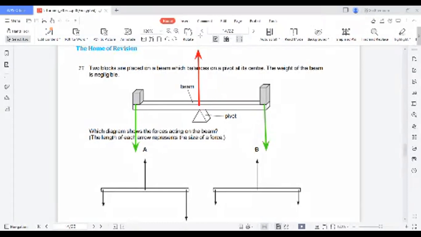Okay, the second thing is actually the pivot is at the center, and center means the distance from here to here is same as here to here. So when distance is same, it means their weights are also same. So suppose, one second.